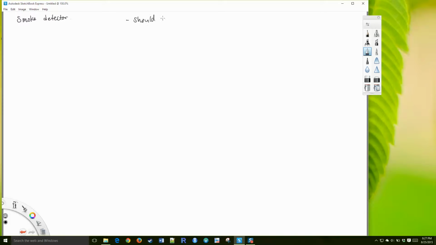Should sound alarm if there is a fire. Okay. And then the secondary job inherent to smoke detecting that we don't think about is what? Let you know that there's no fire if it's not. Yeah, it should stay silent when there's no fire.